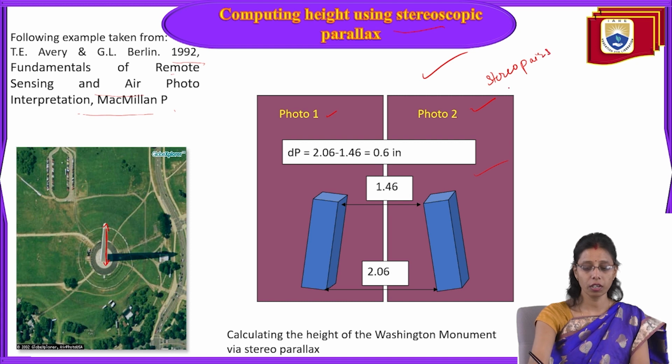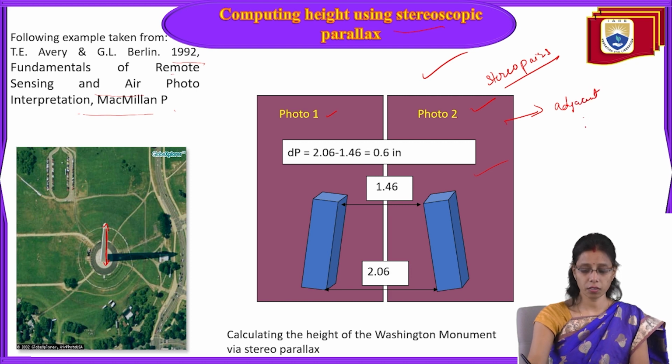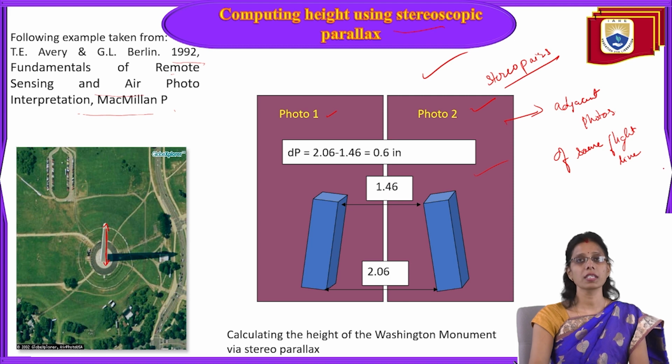Why do we call them stereo pairs? Because these two are adjacent photos of the same flight line.